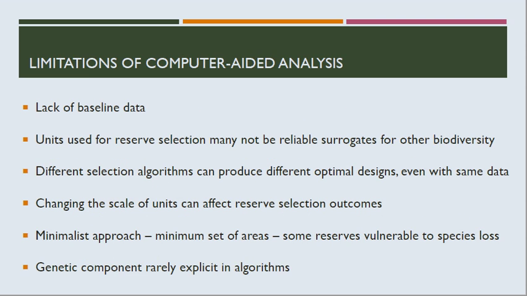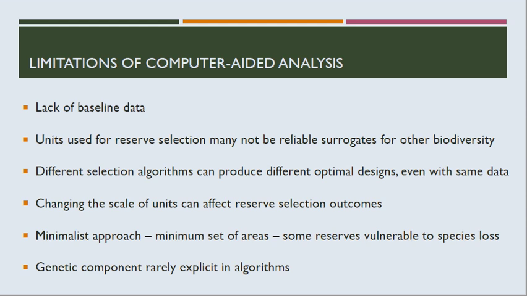Quite often genetics is hidden, and we have no idea whether there is a genetic component in whether a population should be conserved or not. So we're coming back to it, many small versus few large. In a reserve network, which is best?